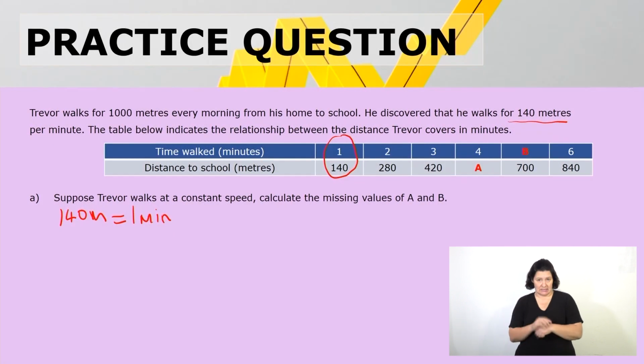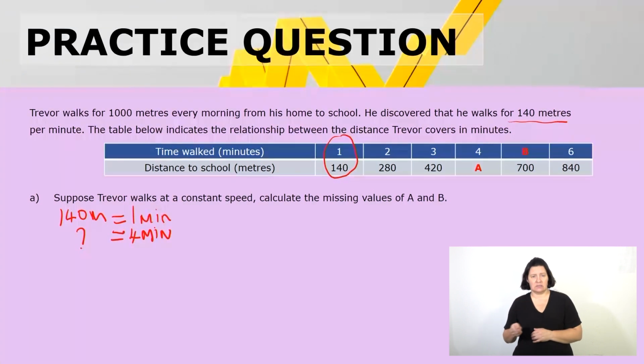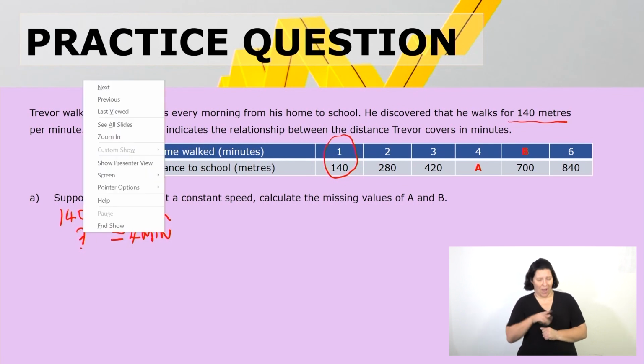So this time we are looking for what distance he shall have covered if he walked for 4 minutes. It's always easier if we use the cross multiplication method in this case. So we have the 4 minutes. Our unknown, we can replace it with A, which is what we are looking for.